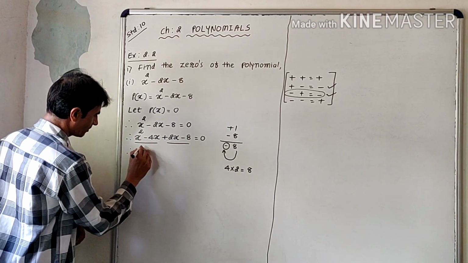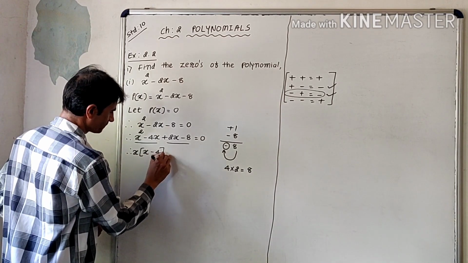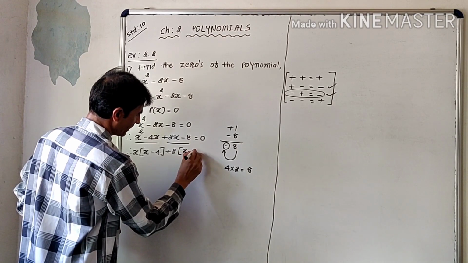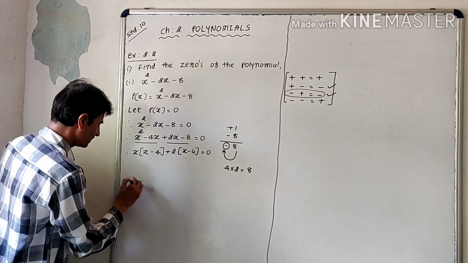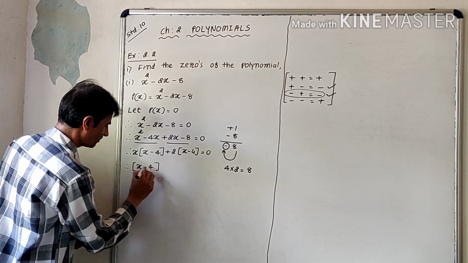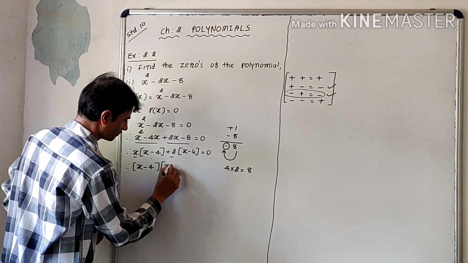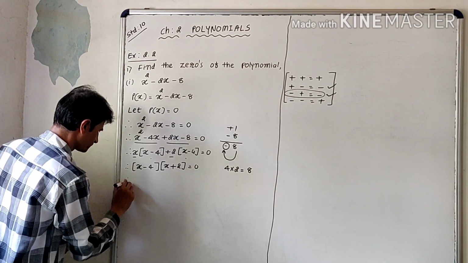Here x is the common factor, so the remaining thing in the bracket is x minus 4, and plus 2 is the common factor, so x minus 4, is equal to 0. Both terms are the same, that means we are on the right track. First I write x minus 4, and the remaining x plus 2 in the second bracket, is equal to 0.